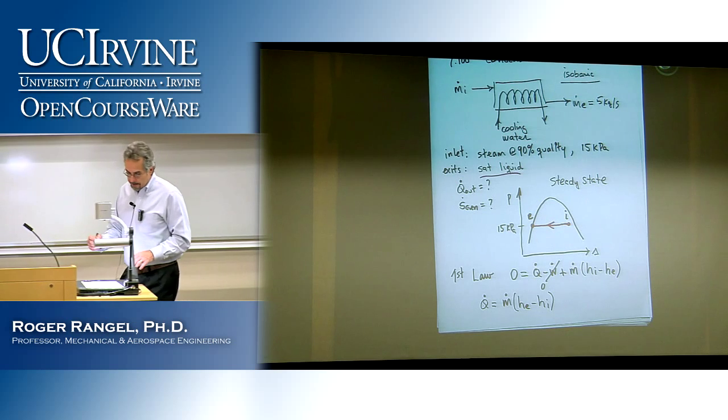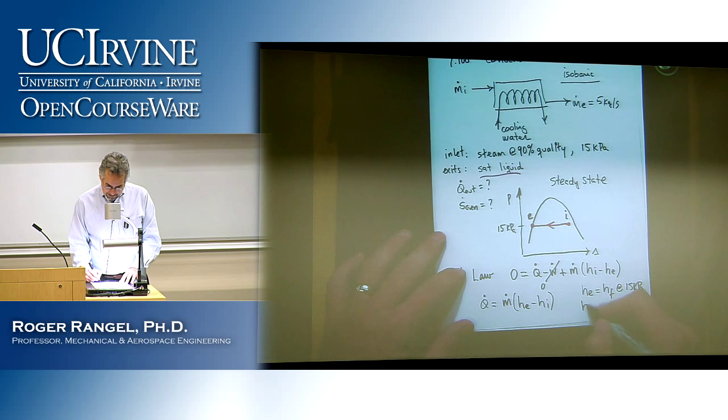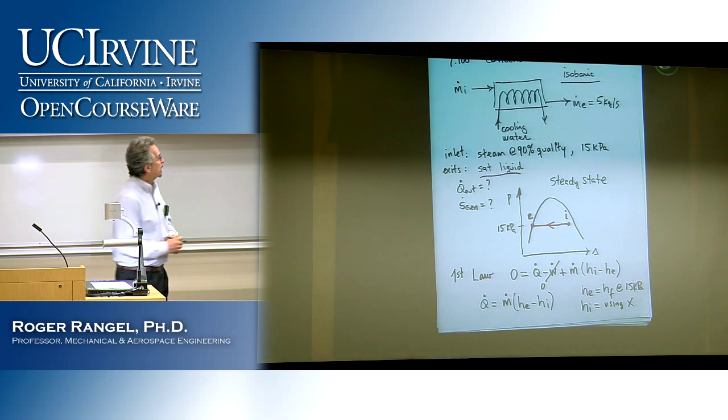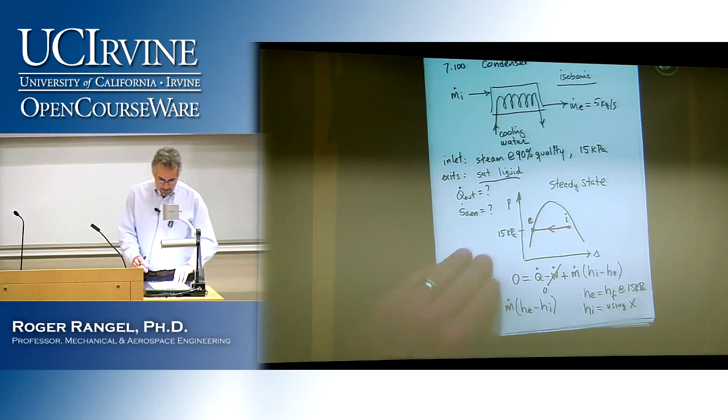In fact, H sub E is none other than Hf at 15 kilopascals. And Hi I can get using the quality. Since I have the quality, I can get Hi. So that's straightforward. I can give you the numbers.